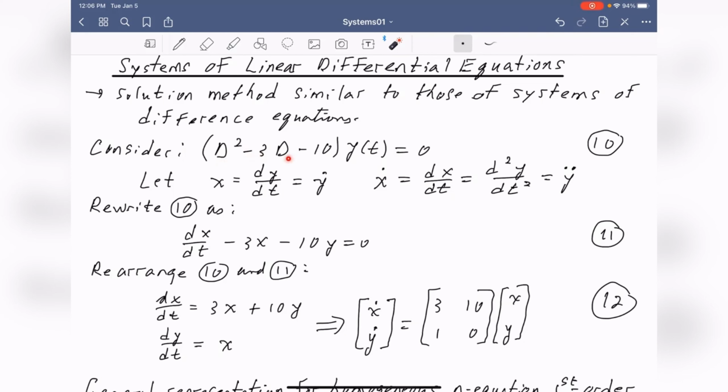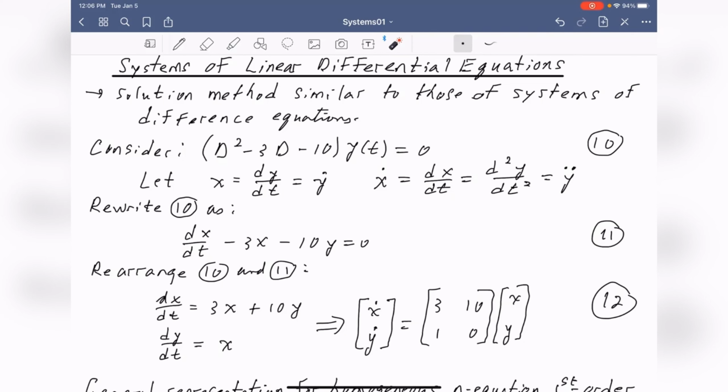(D^2 - 3D - 10) y_t, where y_t now is a continuous variable, is equal to 0. And again, for the non-homogeneous case, we can just add on the right-hand side a column vector k that has the non-homogeneous component to it.